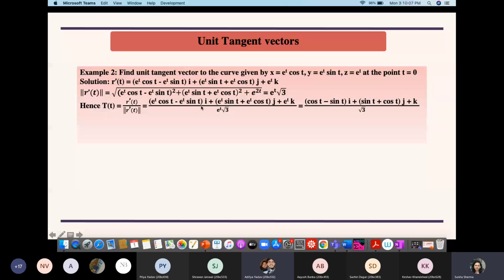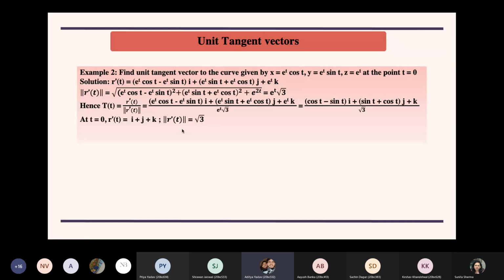i j k, I plus j plus k by under root 3. So your first expression, the component of i, when you put t equals 0, this part vanishes and the first part gives you 1. And then here when you put t equals 0, this part will become 0. You will be getting only 1 again.